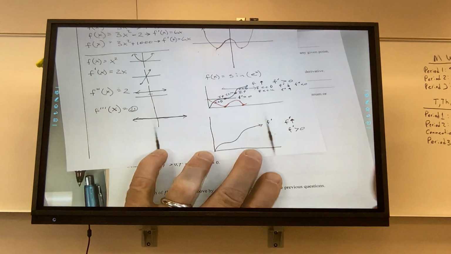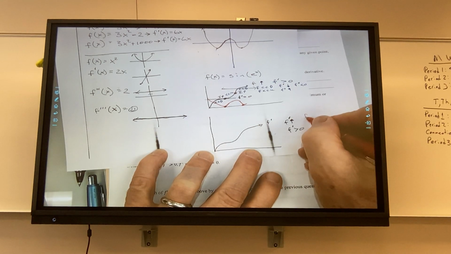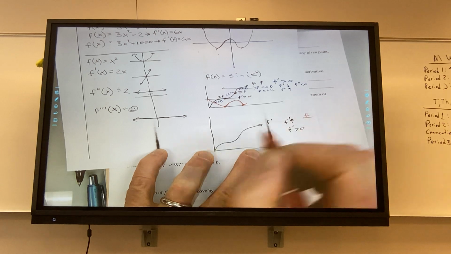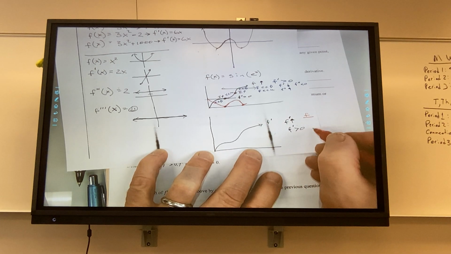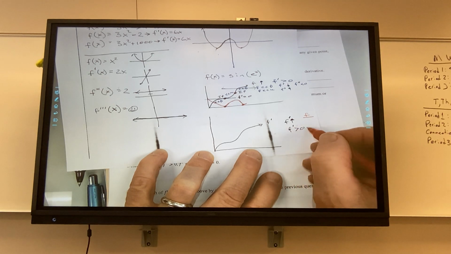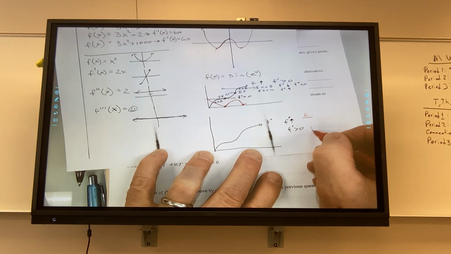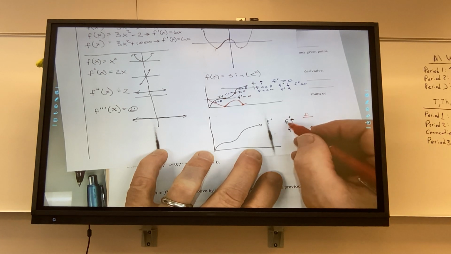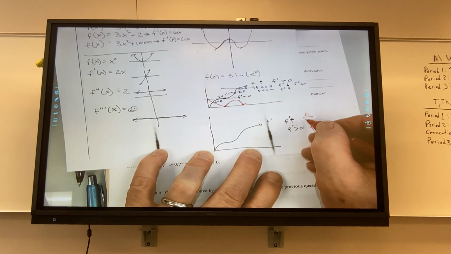All right, so over here I have F. If the derivative is positive, what does that mean about F? It's increasing, perfect. If the derivative is increasing, what does that tell me about F?